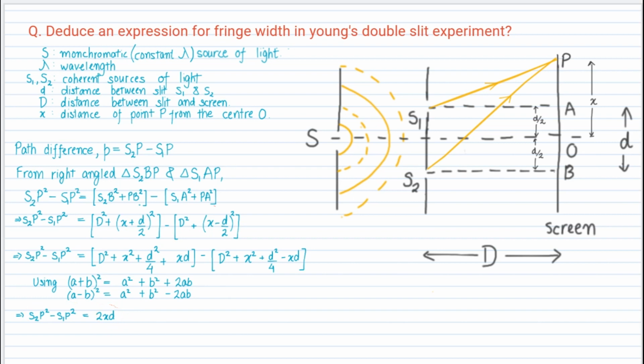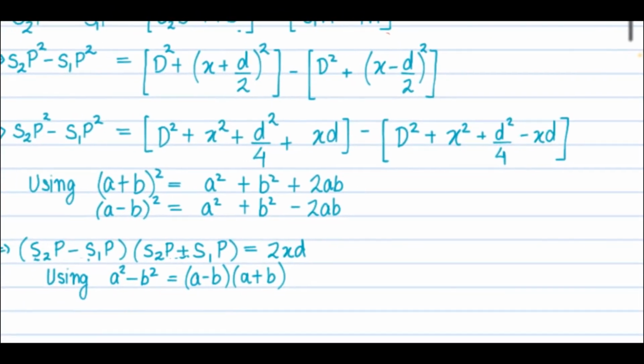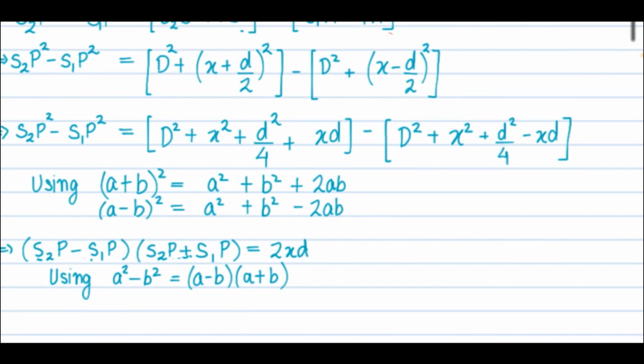Now let us expand this term using a square minus b square equals a minus b times a plus b. Therefore, S2P square minus S1P square can be written as S2P minus S1P times S2P plus S1P. Let me just zoom in.